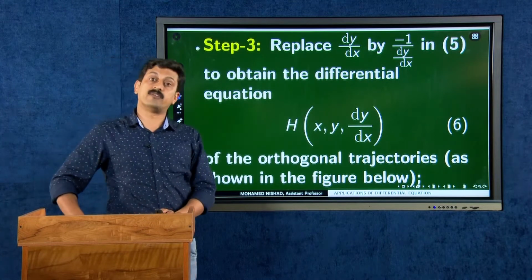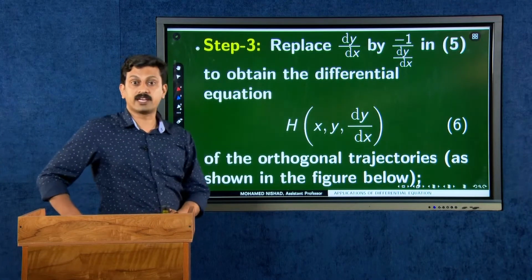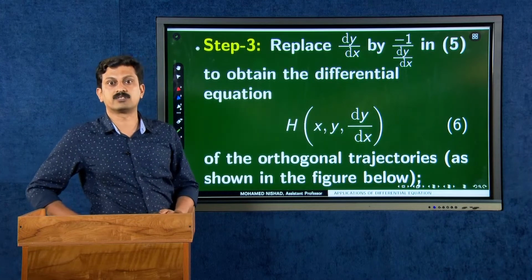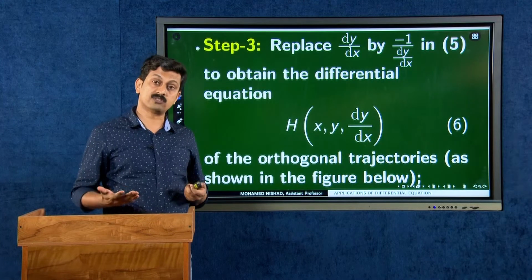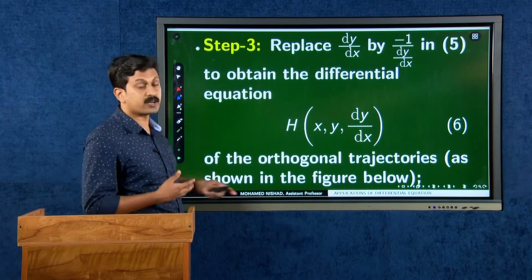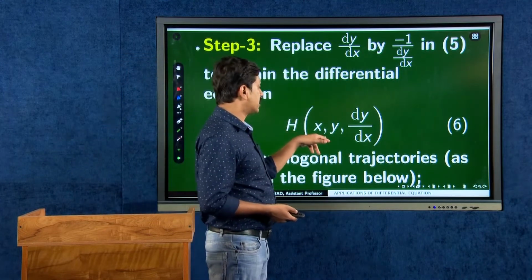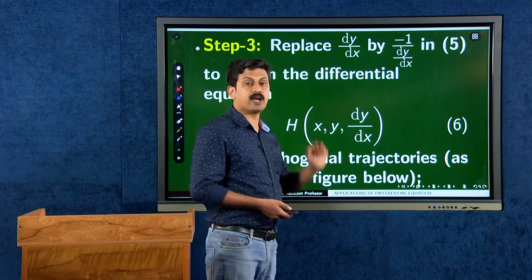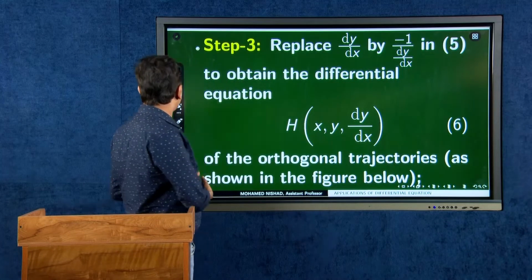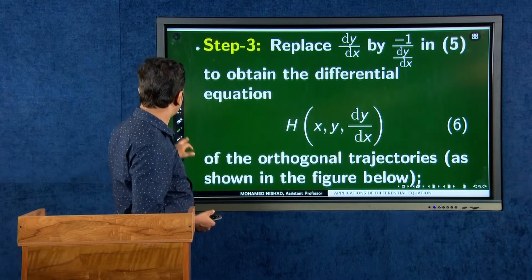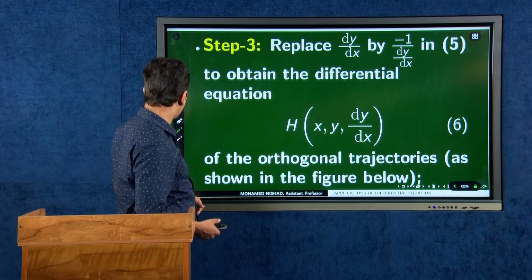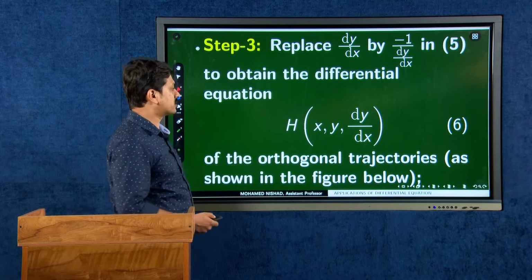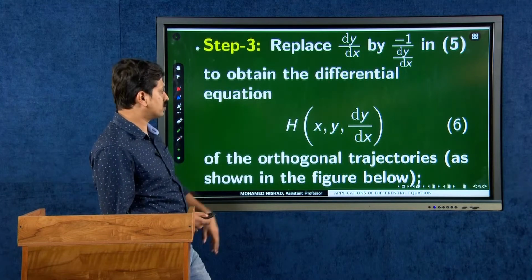That is a first order differential equation. We can solve it, so that we get a new family of curves, corresponding to the differential equation h of x, y, dy by dx equal to 0.